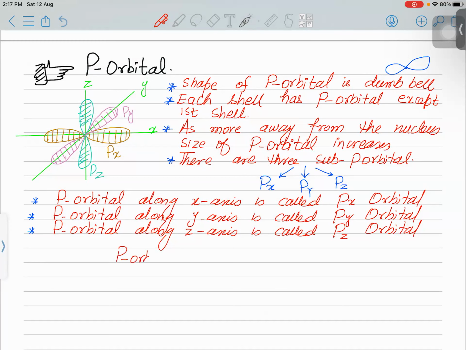So the p orbital has a maximum of 6 electrons.